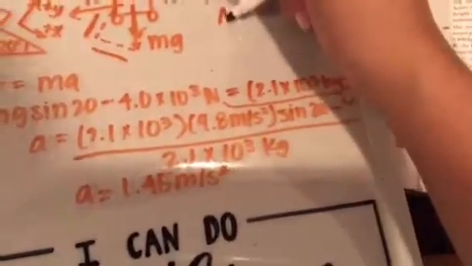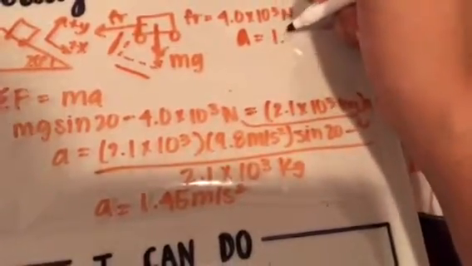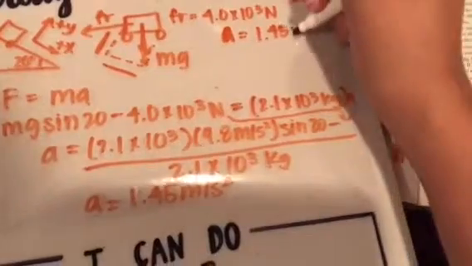So we can write this off to the side here, that our acceleration is 1.45 meters per second squared, because now we need to plug this into a kinematic equation to find our final velocity, which is what the question is asking for, the speed of the car at the bottom of the hill.